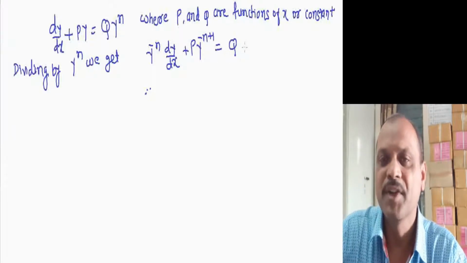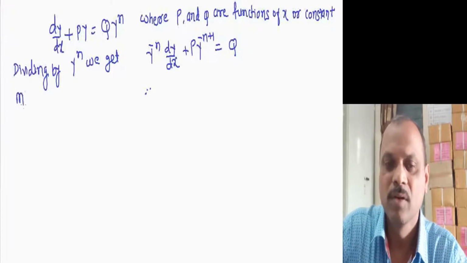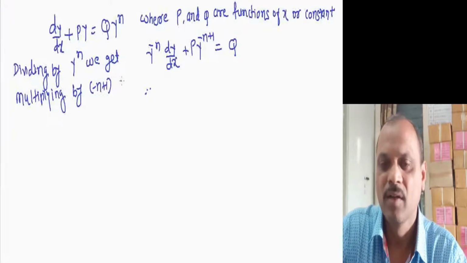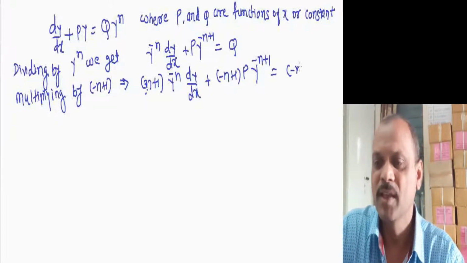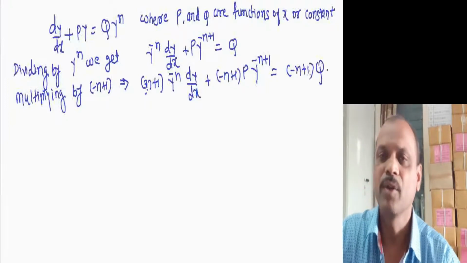Now multiply this equation by minus n plus 1. So multiplying by minus n plus 1, this implies minus n plus 1 y raised to minus n into dy by dx plus minus n plus 1 p into y raised to minus n plus 1 equal to minus n plus 1 into q.